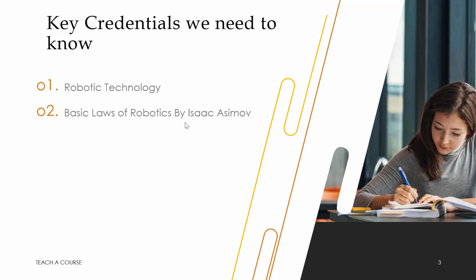I will discuss the three main basic laws by Isaac Asimov, which are a set of guidelines for development of intelligent robots. The third key credential we need to know is how to assemble robots with robot toolkits in the lab. I will provide some tips on how to assemble a robot with ease using the robot toolkits in the lab.